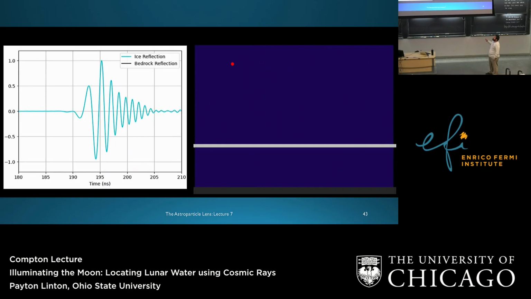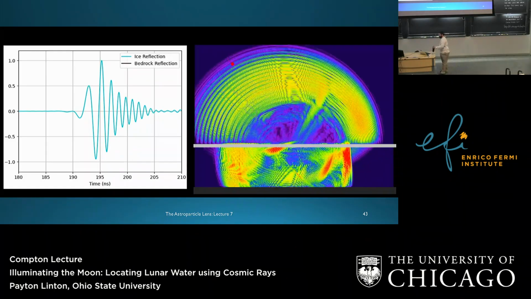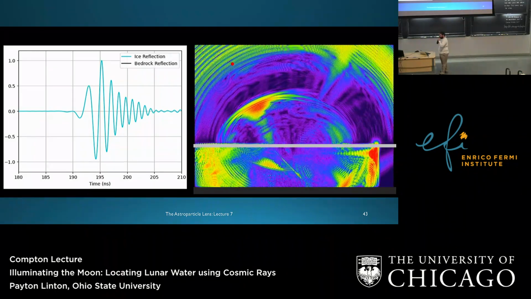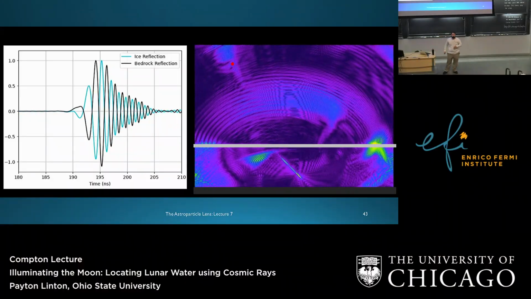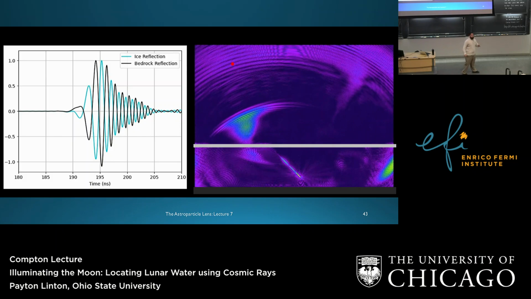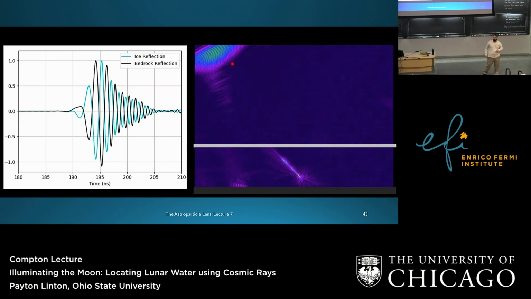But the key difference comes from zooming in on that main pulse. And so for that, let's redo the simulation just looking at the main pulse itself. And so what we see is that rock and ice actually give opposite polarity signals, right?